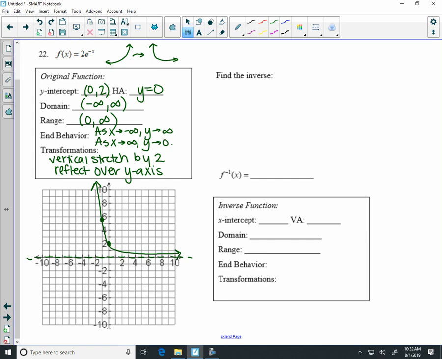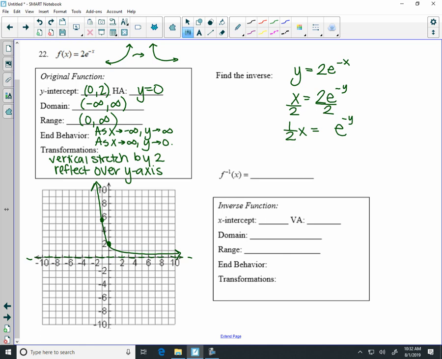Now we're going to find the inverse. So I'm going to change my f of x to y, switch x and y, and solve for y. I'm going to divide by 2 first. Instead of leaving that as x over 2, I'm going to write it as 1/2 x. I know that's going to be nicer for me to look at when I'm doing transformations.